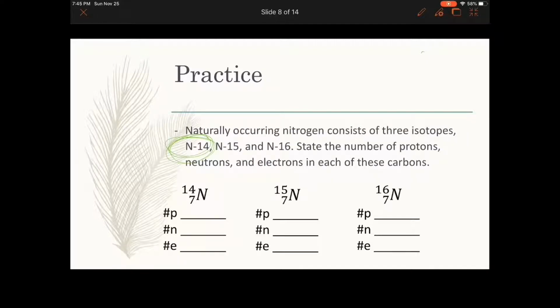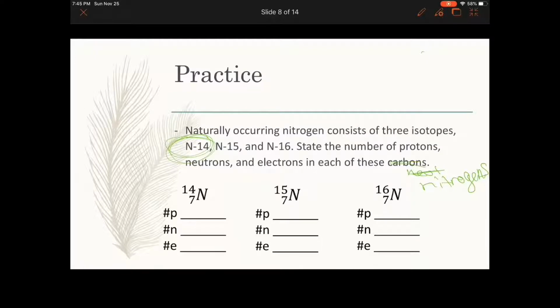All right, so now we need to figure out how many protons, neutrons, and electrons are in each of these. Oops, I wrote carbons. I mean neutrons. Or nitrogens. Wow. All right, so the first one here, we've got 14 for a mass number, 7 for an atomic number.